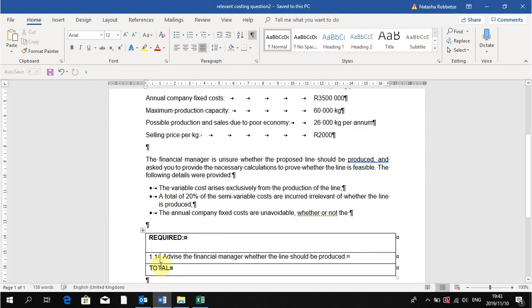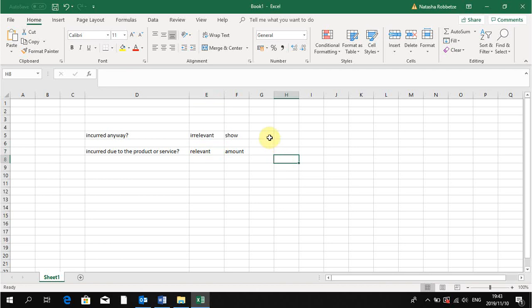In the second bullet, it says a total of 20% of the semi-variable costs are incurred irrelevant of whether the line is produced. So if we go back to our Excel spreadsheet, they tell us 20% of the semi-variable costs will be incurred whether we make the product line or we don't.